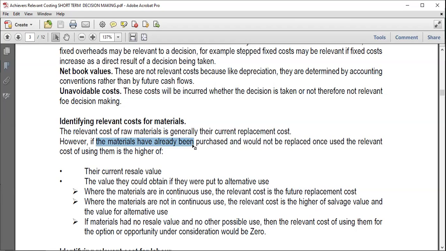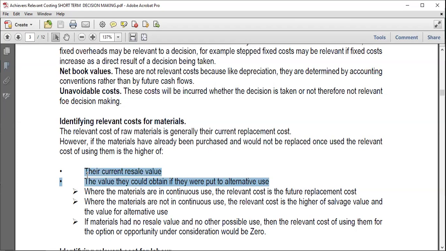If part of the materials, maybe the wheat flour and so on, that we are going to use in this order had already been purchased and will not be replaced once used, maybe it's specific to that, we look at their current resale value. How much can we resell these materials, just in case we don't use them for this order? And then the other is what value can we obtain if we put them to alternative use.